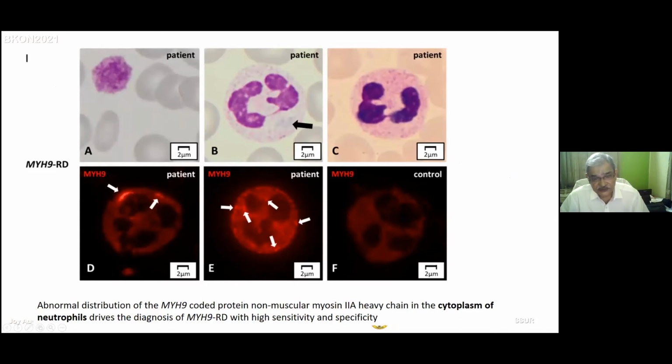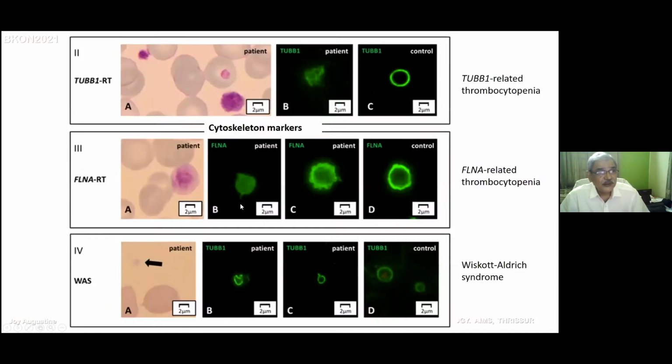This is the presence of abnormal proteins. Here you have tubulin. The protein tubulin is defective or absent in this patient, and this is the normal fluorescent pattern which you can see, so it's very easy to recognize if the patient has the disease.